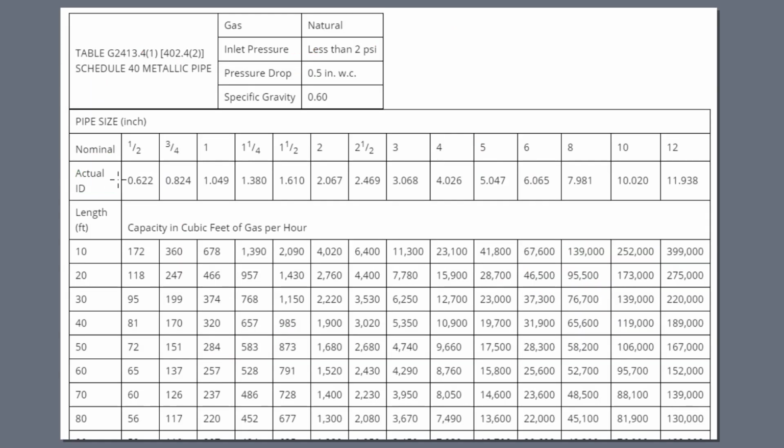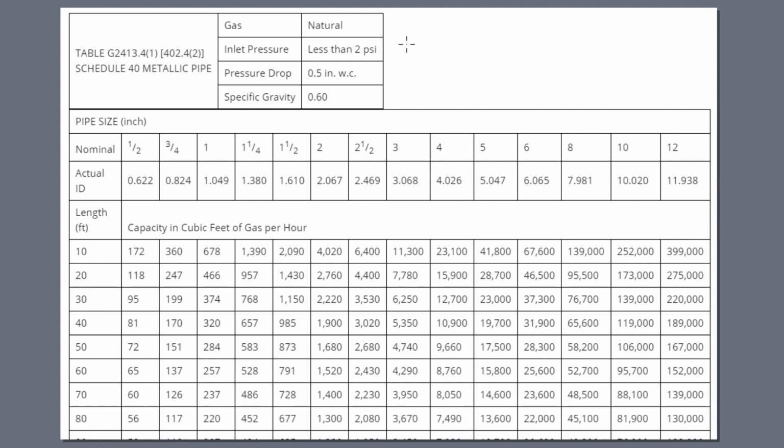To determine if I'm using the correct pipe diameter, I need to go to a chart like this one. This chart is for natural gas with an inlet pressure of less than 2 psi. I called my provider and they confirmed that my inlet pressure is indeed below 2 psi.